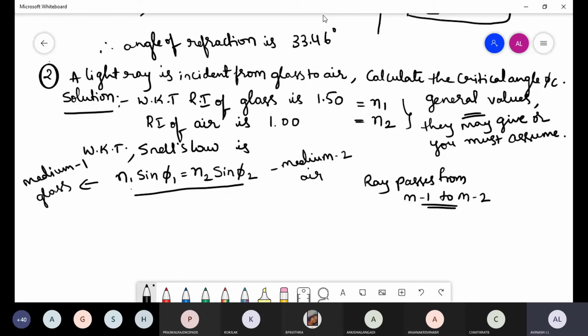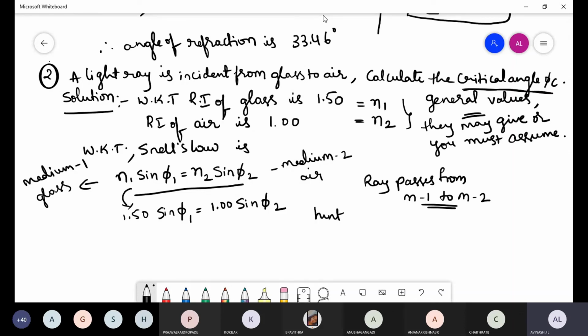So here N1 value we consider as 1.50. Sin phi 1 is angle of incidence, that we don't know. N2 is 1.00, sin phi 2. So here they asked us to calculate the critical angle. What is the hint they are given?